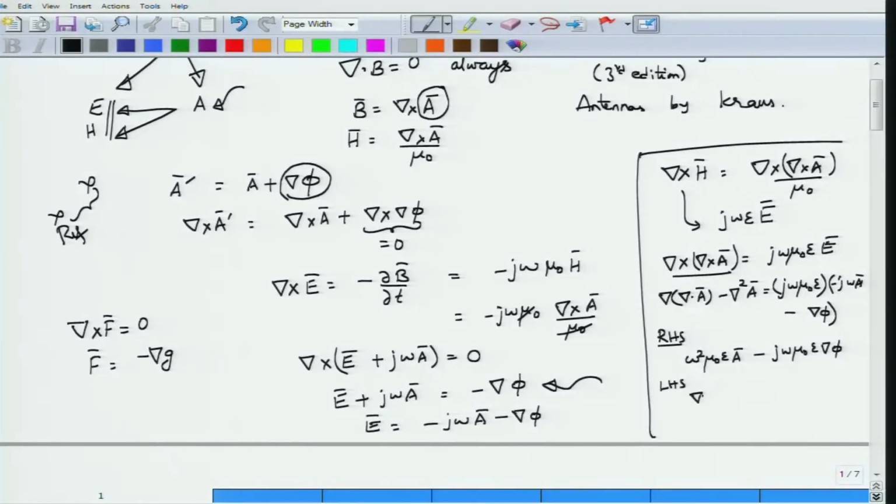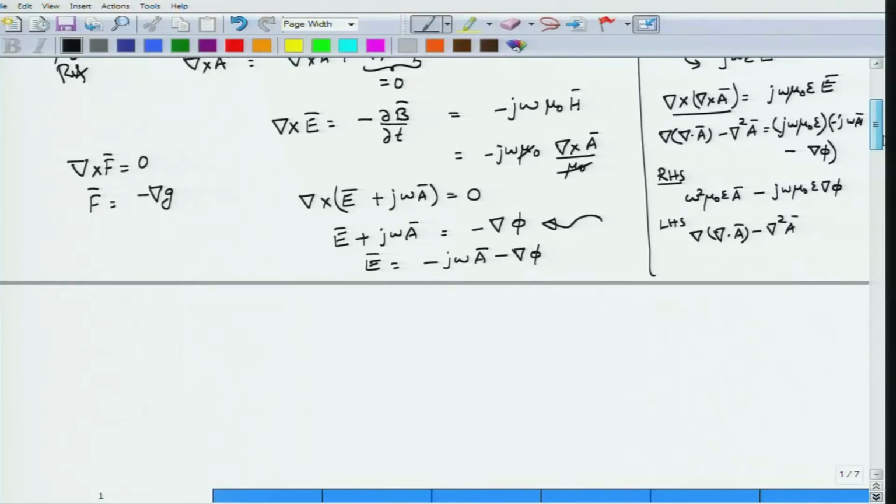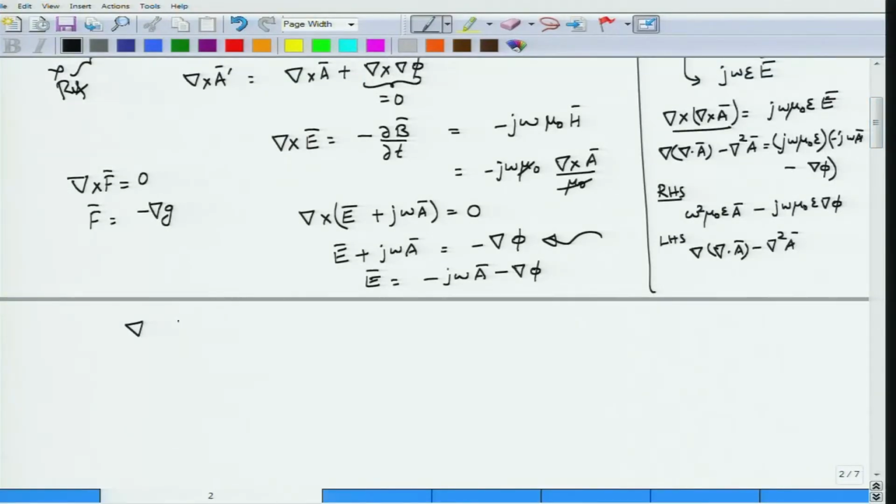The left hand side term still remains del of del dot A minus del square A. Equating the left and right hand side terms, this is the equation that we have, right.